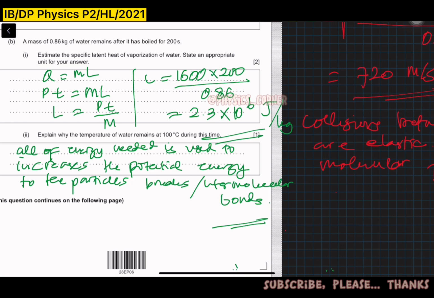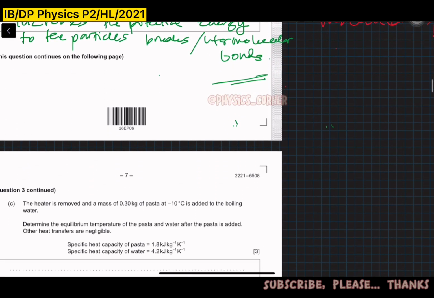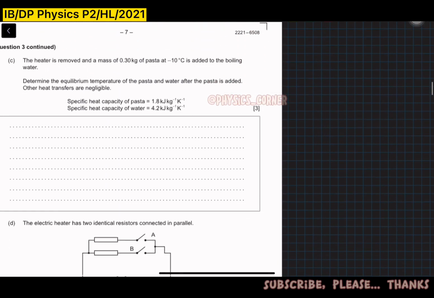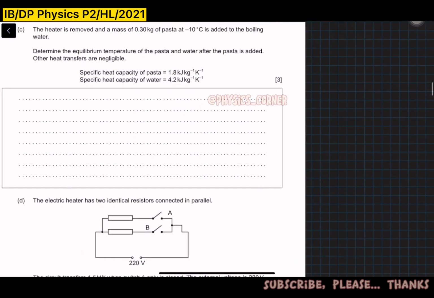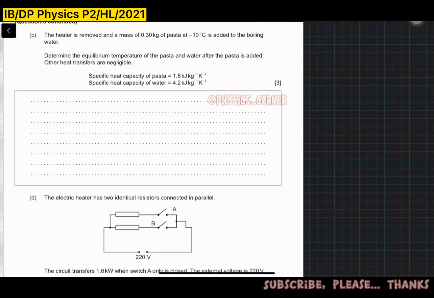Okay, I think enough. We go to the next page. Question C: the heater is removed and a mass of 0.30 kilogram of pasta at negative 10 degrees Celsius is added to the boiling water.